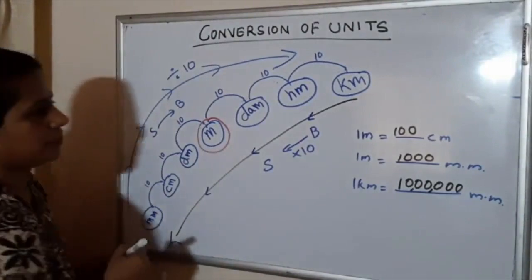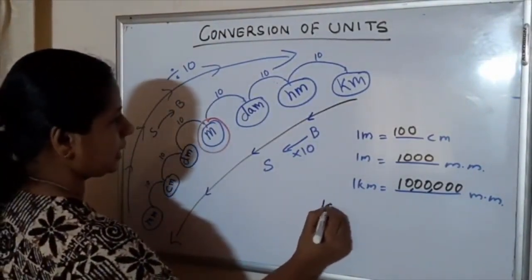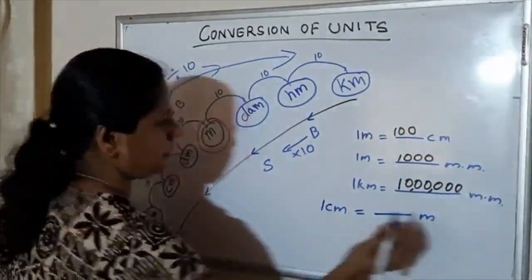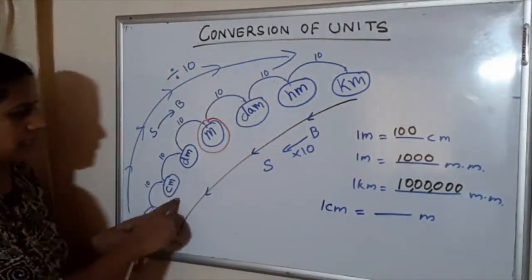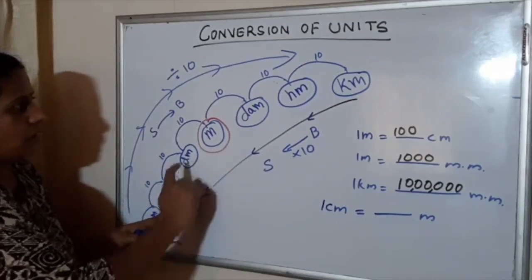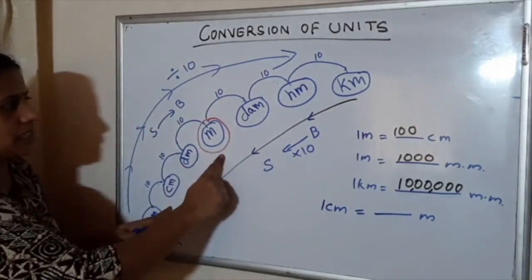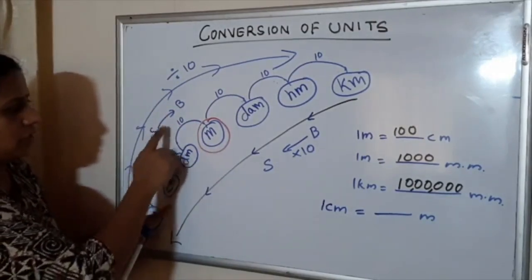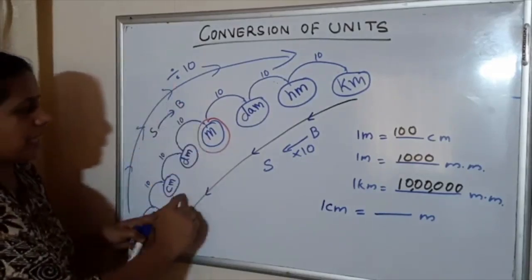10 lakh millimeter. Similarly, how can we do it reversely? That is, 1 centimeter is equal to dash meter. Centimeter is small and meter is big. Smaller to bigger means divided by 10. That is divided by 10 into 10, 2 tens are there. 10 into 10, 100. That is divided by 100.